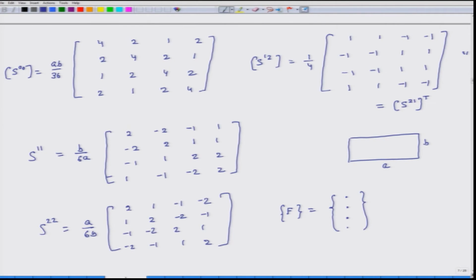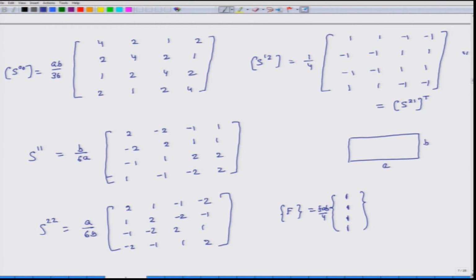What by 4? F times, and what is A? AB. So, it will be F AB divided by 4, and these values will be 1, 1, 1, 1. So, this completes our coverage for the linear 4 noded rectangle element also.